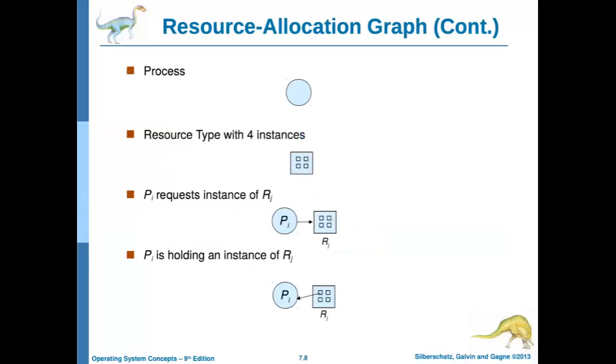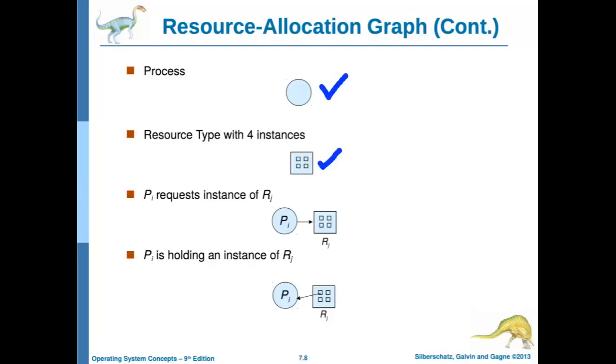Now let us see the symbols used for this allocation graph. A process is denoted by a circle and a resource is denoted by, say, a square. So this is a process. A resource is denoted by a square with small squares inside it. 1, 2, 3, 4 are there, no?